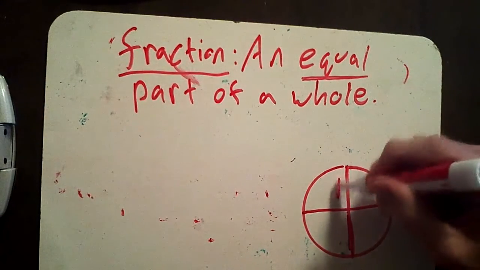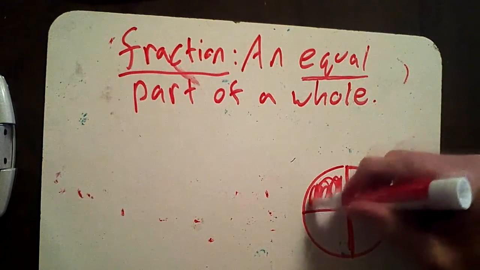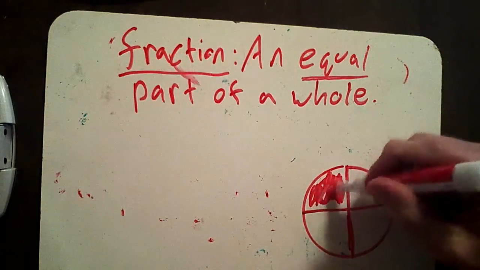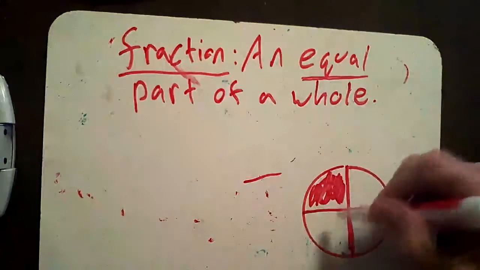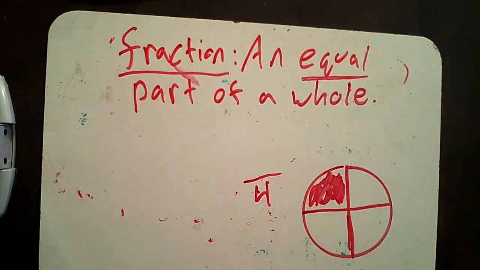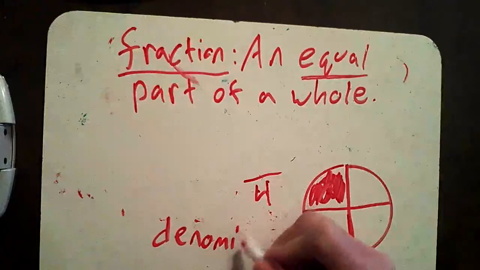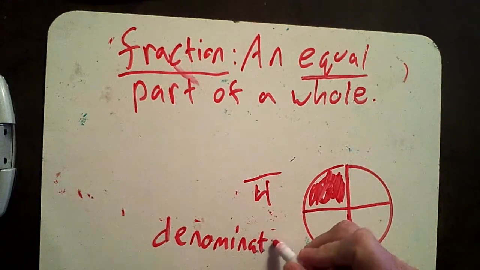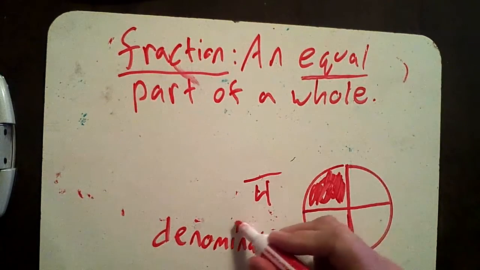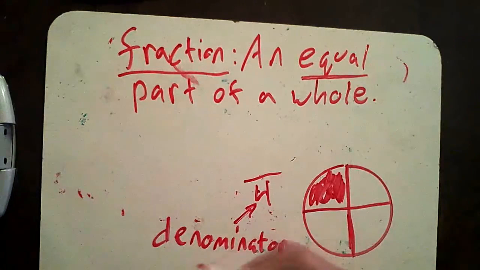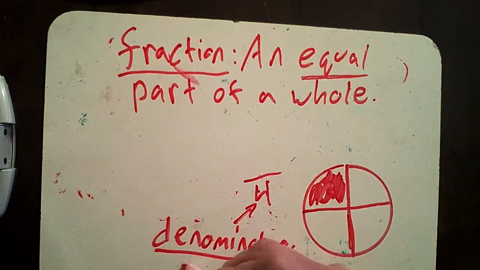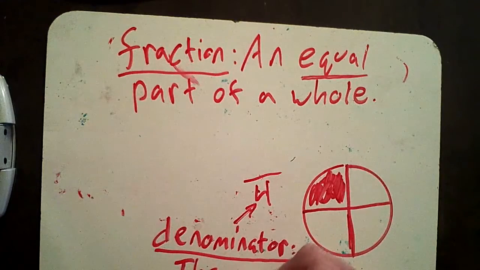So, for example, if I shade in this 1 part, there's 1, 2, 3, 4 parts, and that's called a denominator, right? The denominator is the number of parts in a whole.